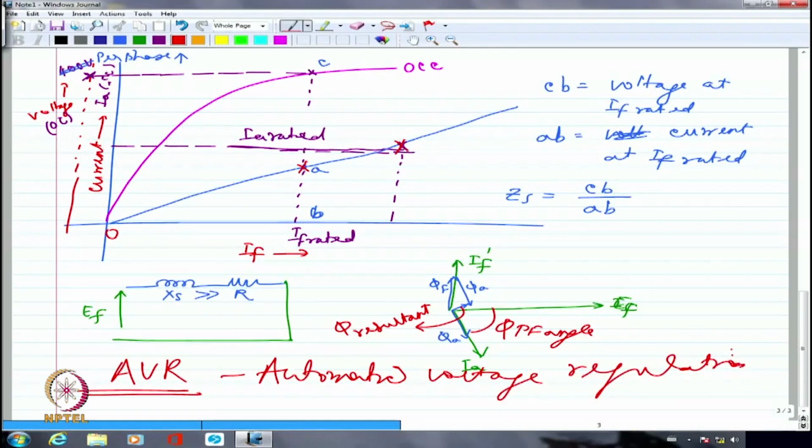Right? This is done very often in most of the power stations, depending upon what kind of load the grid is facing. If it is capacitive load, I have to reduce the excitation. If it is inductive load, I have to increase the excitation. This is done very repeatedly.